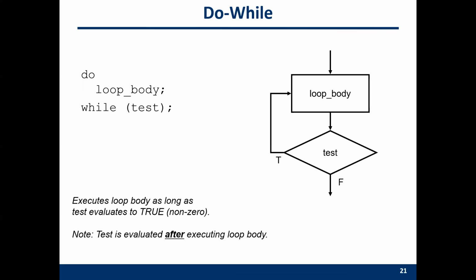So the difference between a while loop and a do while loop is that the do while loop runs the loop body first and then evaluates, while the while loop will first evaluate the condition. Only when the condition is true will you run the loop body.